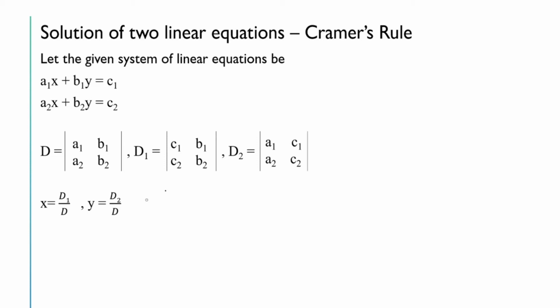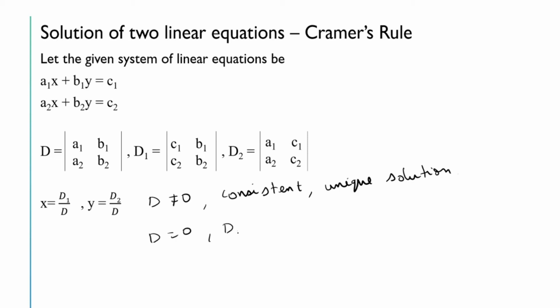Now if D is not equal to 0, then we say the system is consistent and it has a unique solution. On the other hand, if D is equal to 0 and D1 or D2 is not equal to 0, in this case we say the system is inconsistent and there is no solution.